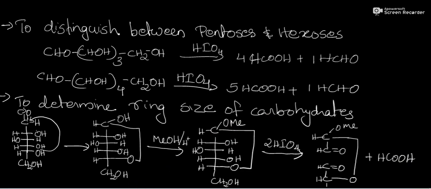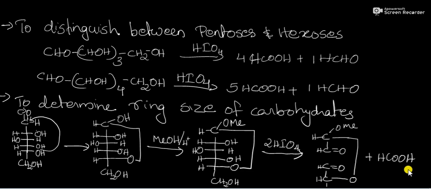6, whereas if the lone pair of electrons on the oxygen present in this OH group attacks this carbonyl carbon, the size of the ring will be reduced. Then when such a ring undergoes oxidation with HIO4, there will be no carboxylic acid as a product.